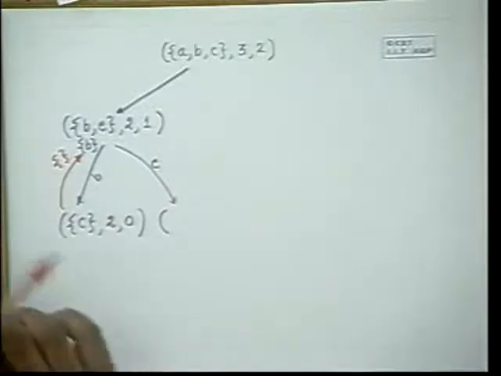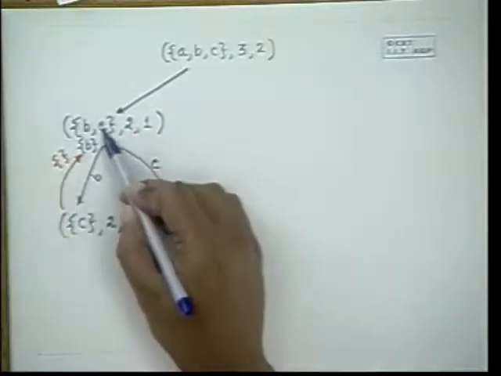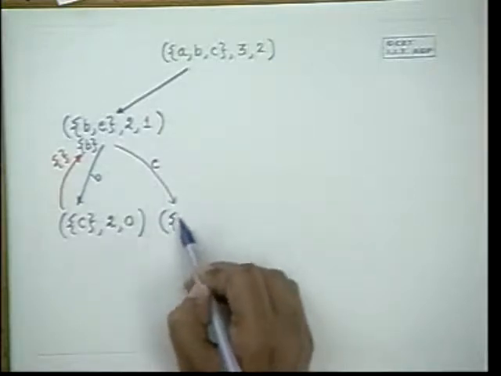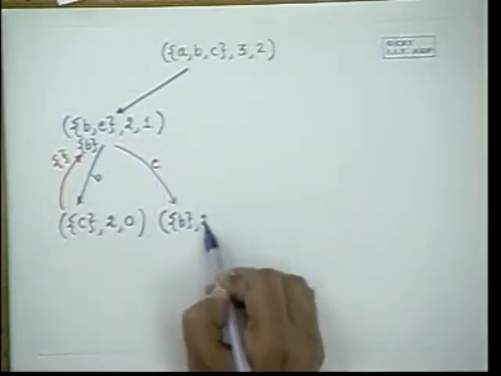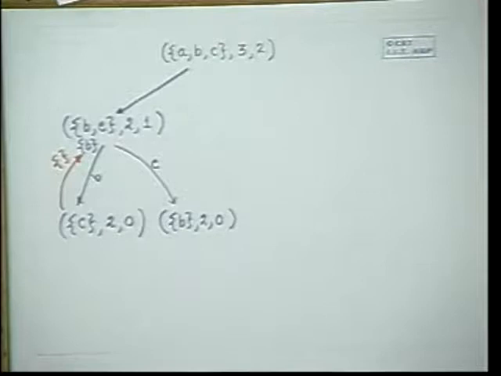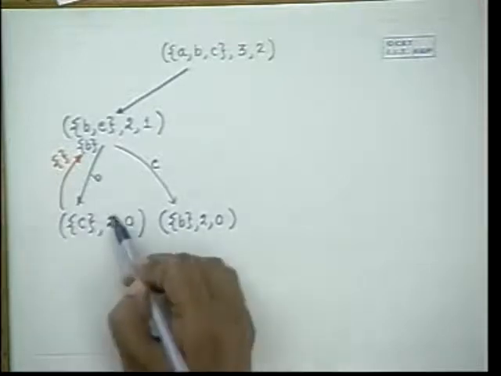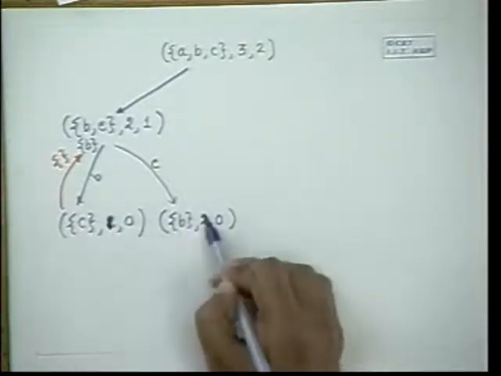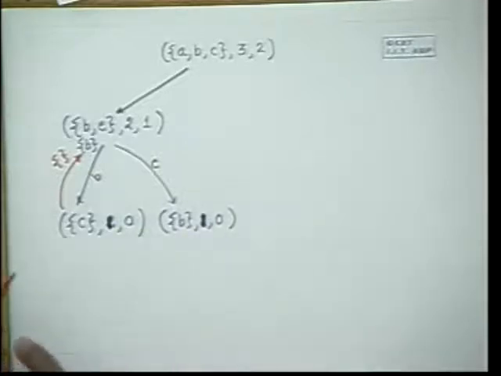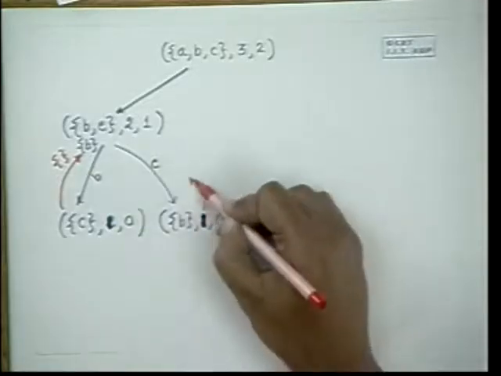Right? Now this side, it will delete C and it will call it with B 1 0. This will be 1 0. This will again return a null.